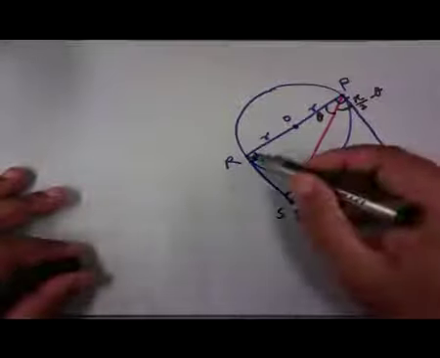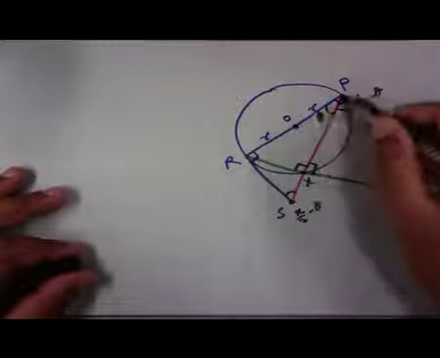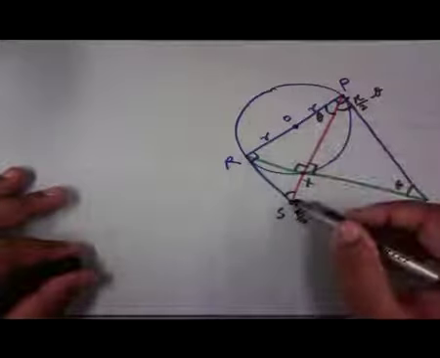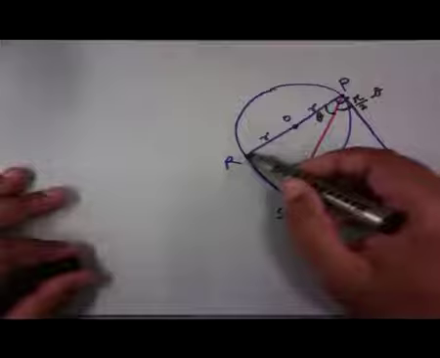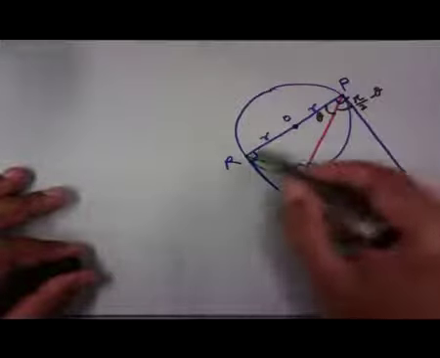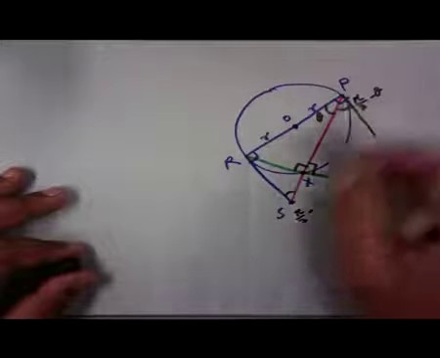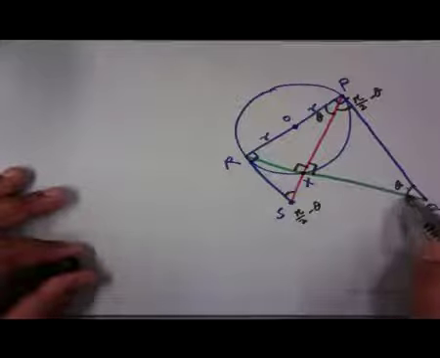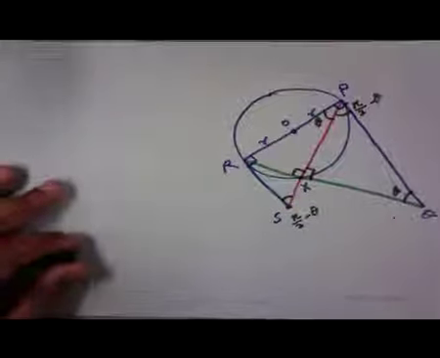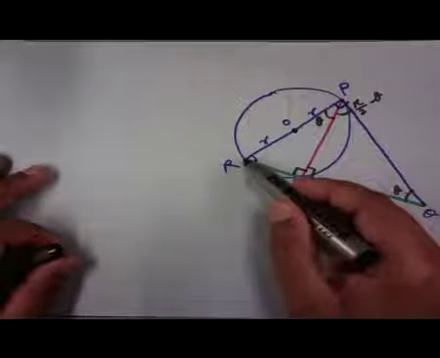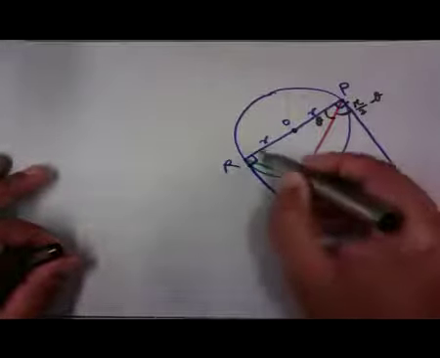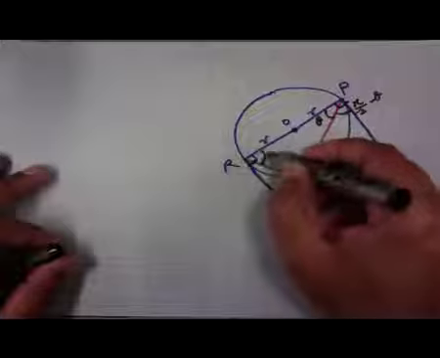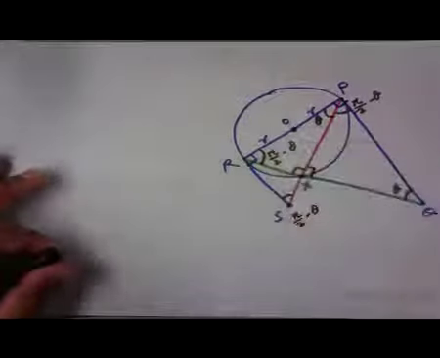It is now clear that the three angles of the right angle triangle RPS and the three angles of RPQ are the same: one angle is 90 degrees, the other is theta, and the third angle is pi by 2 minus theta in both cases.